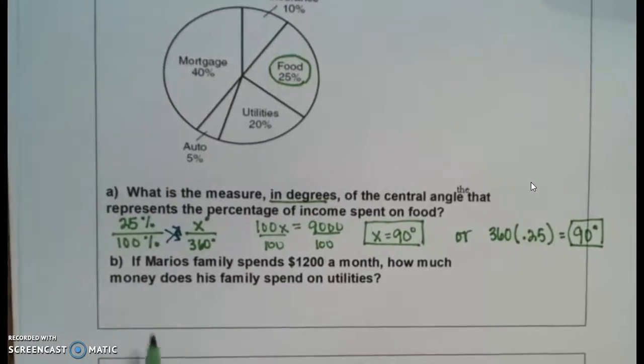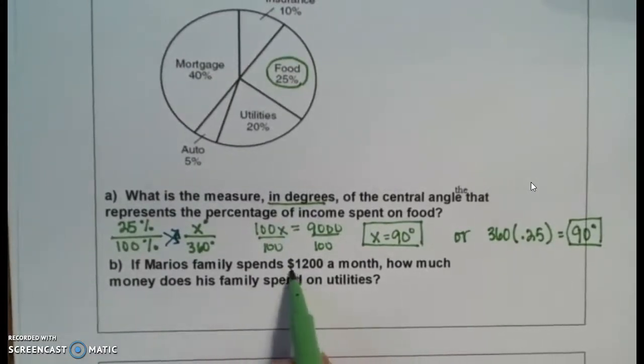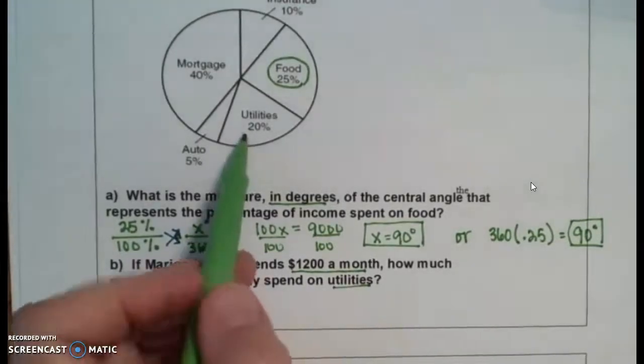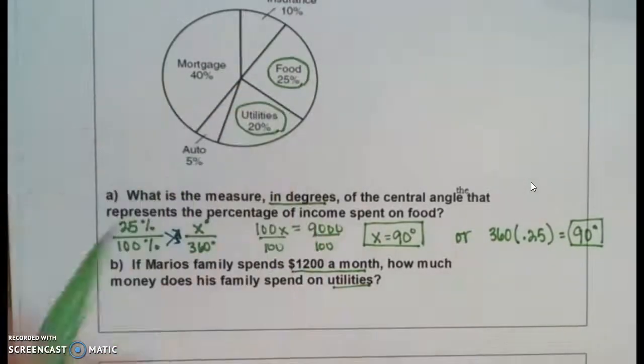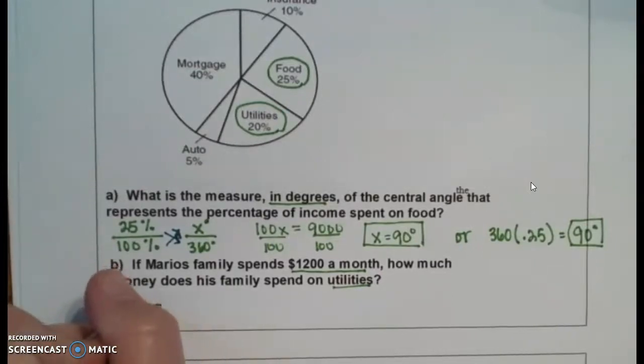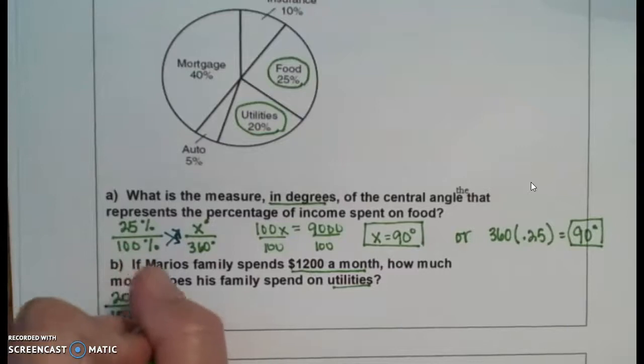Example B says if Marino's family spends $1,200 a month, how much money does his family spend on utilities? So if we go up and we see that utilities is 20%, you could do the same way. You could set up a proportion, so 20 out of 100% is equal to how much money out of the total $1,200 a month.